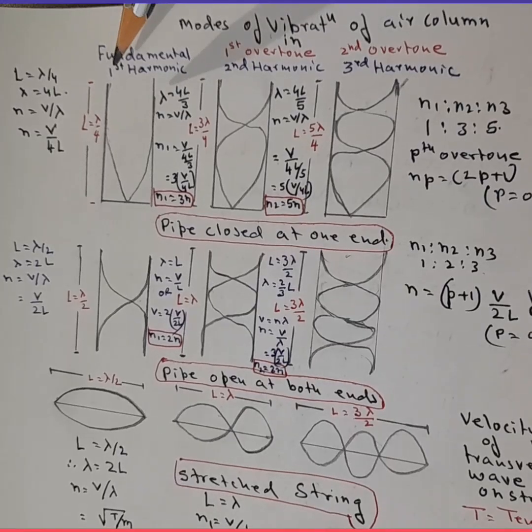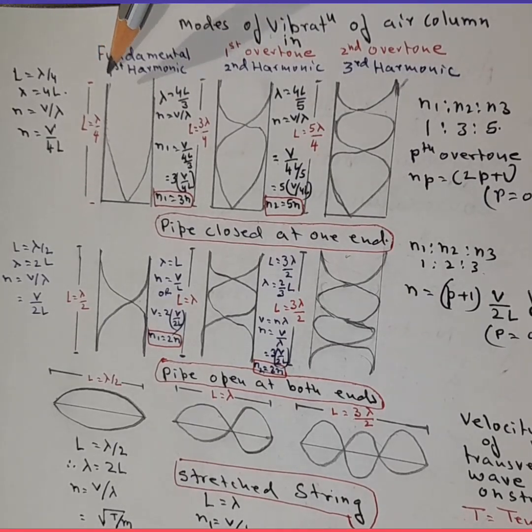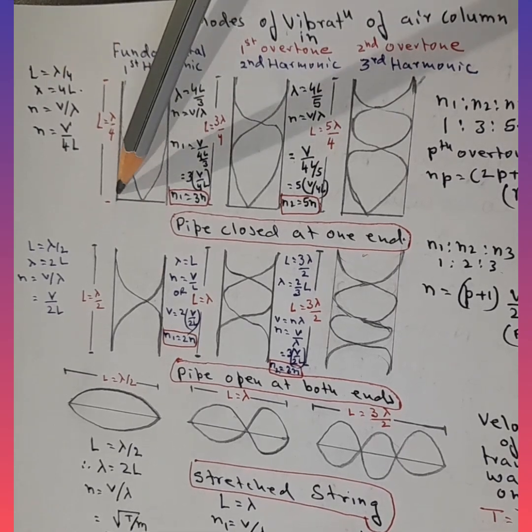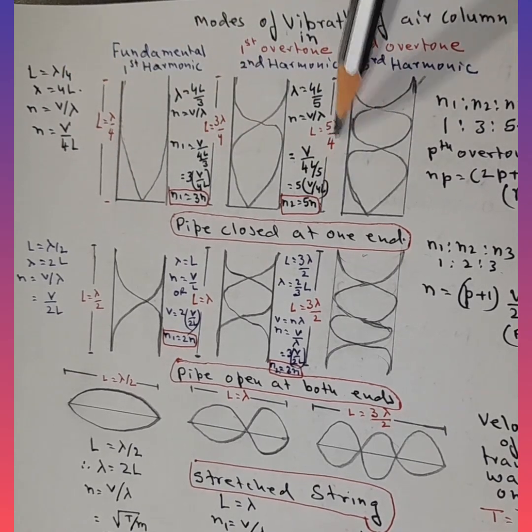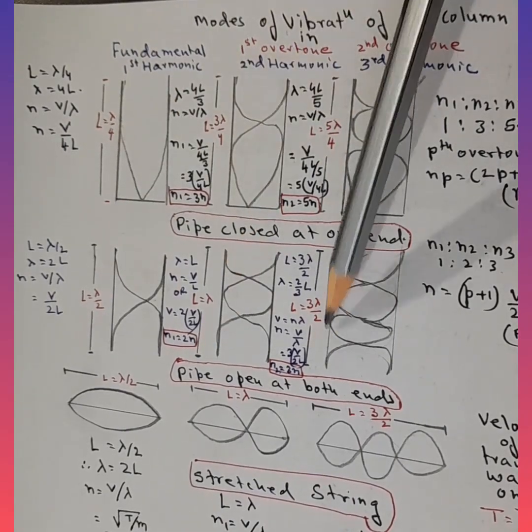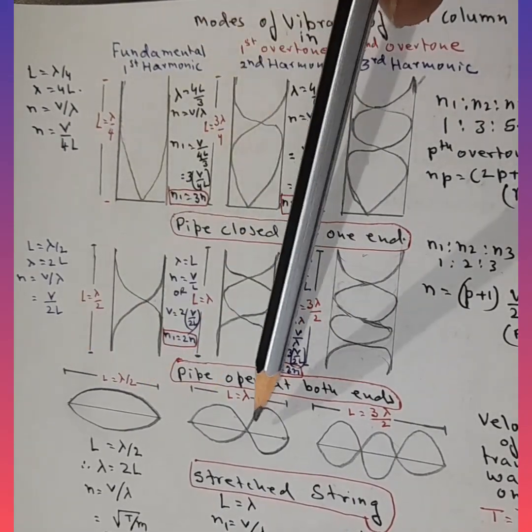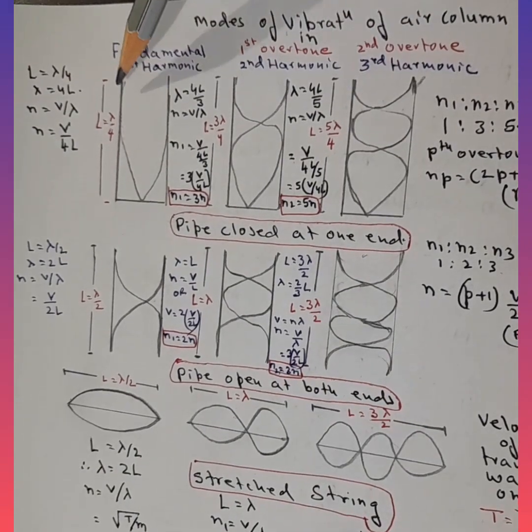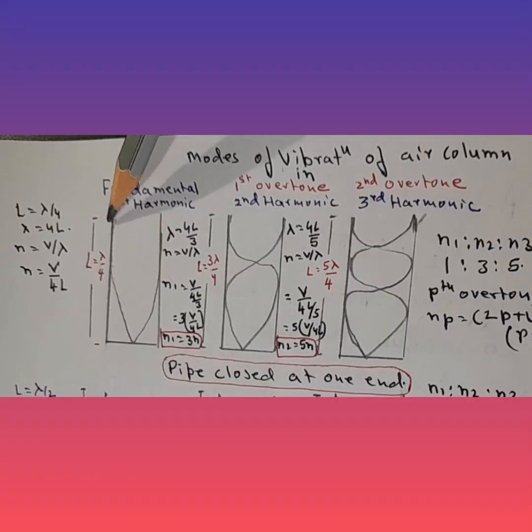Alright, now let's understand the fundamental or first harmonic state. In case of the first harmonic state, one thing I have got to make very clear is that the length of the pipes chosen and the length of the string chosen are the same, and it is L. So as per the rule, in case of the first harmonic or fundamental, what we get is this.